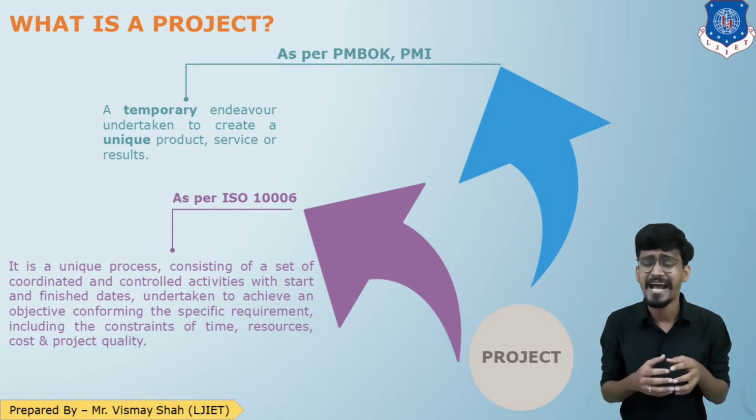Apart from it, the entire project is undertaken to obtain one objective or specific requirement of the owner or the client. So that is our technical definition of project. I hope we are clear up to this point.